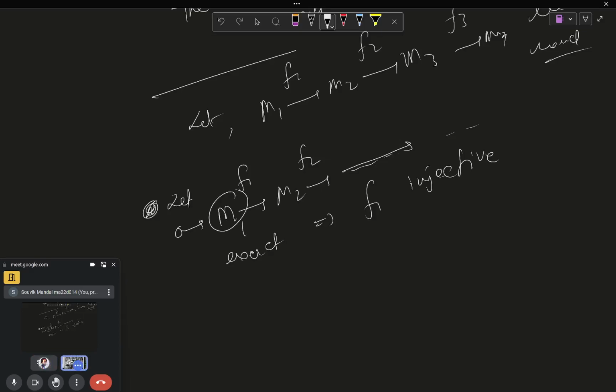This directly implies f1 is injective. Do you understand? Yes, injective. Similarly, if M1 goes to M2 goes to 0 is exact, it means f is surjective.